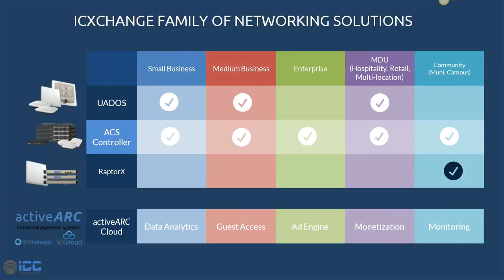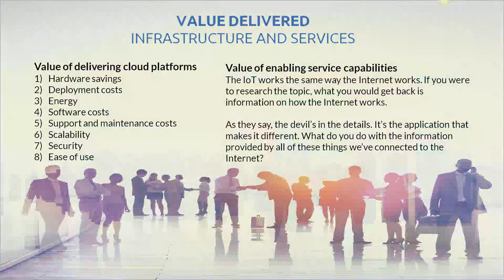The Raptor X product line, which is for larger non-line of sight 20-mile connectivity, so those would be used more in larger muni campus kinds of environments. And then we have our cloud solutions that enable monetization, marketing, ad engines, guest access, monitoring, and some other feature sets as well.